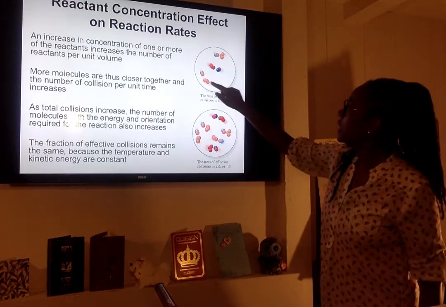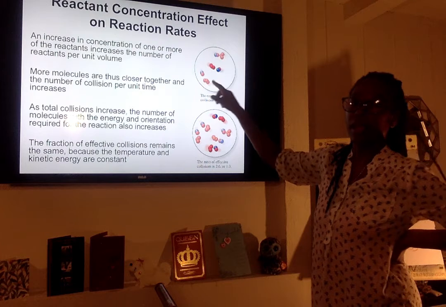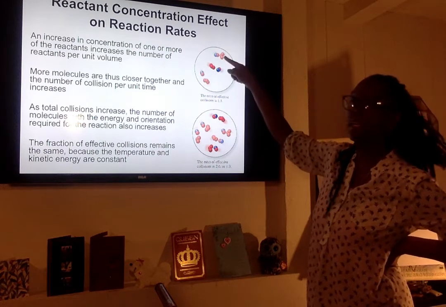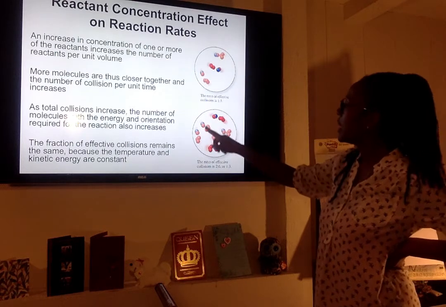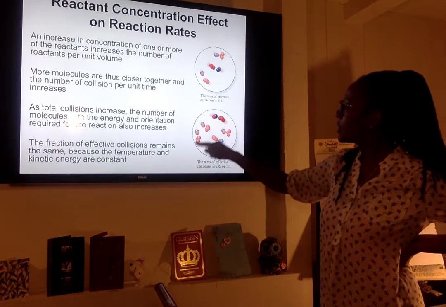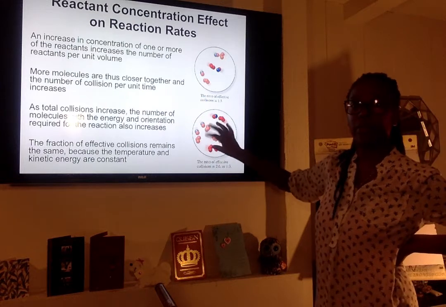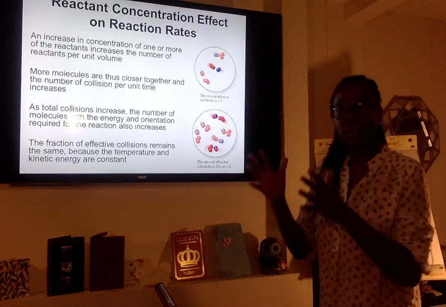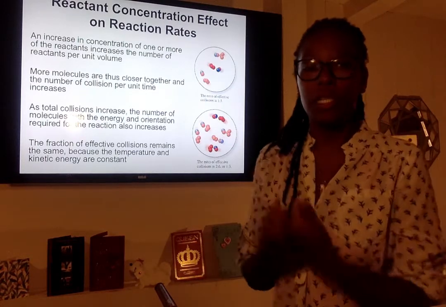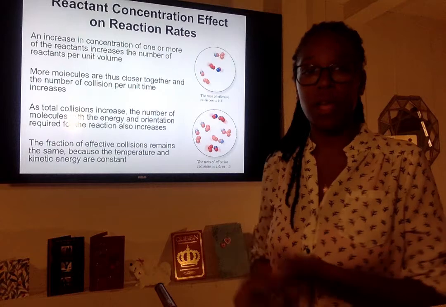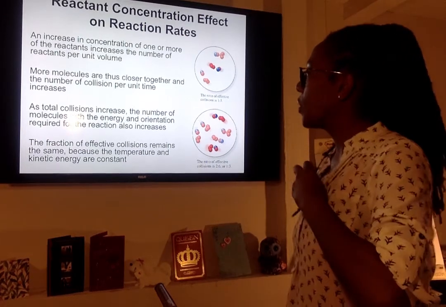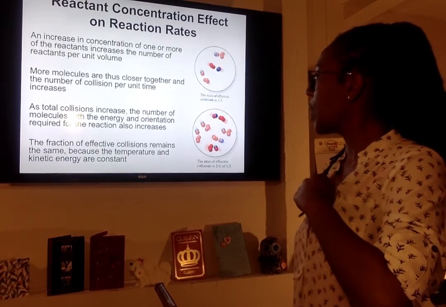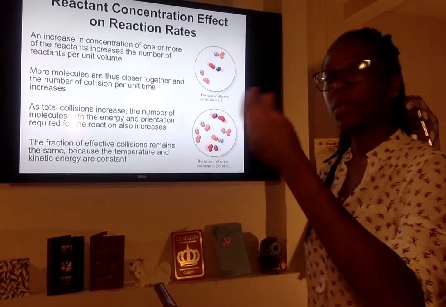Here you have only a couple, so how quickly this could connect to here is going to be slower than these connecting. So increasing the number of particles in the solution means quicker connections because they're closer together, and the faster the reaction will occur. As total collisions increase, the number of molecules with the energy and orientation required for the reaction also increases.